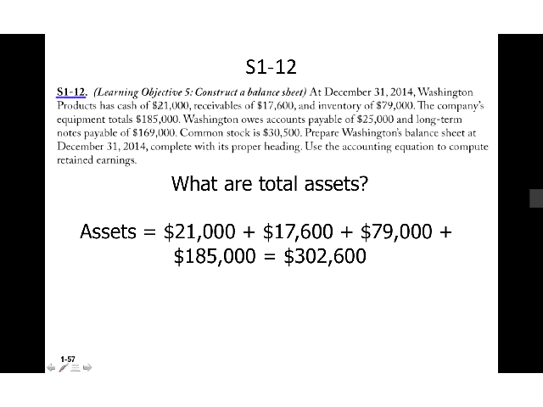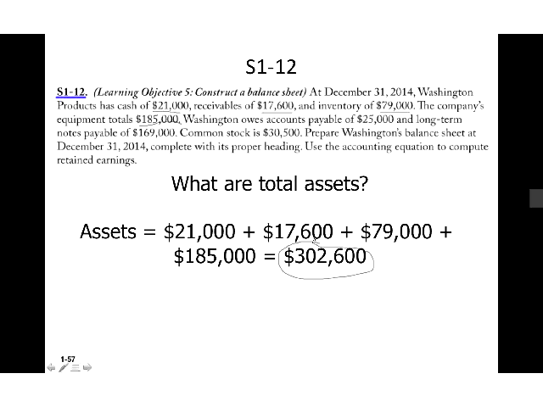We have cash of $21,000, receivables of $17,600, inventory of $79,000, and equipment of $185,000. All those items together are $302,600. Again, we're not preparing the balance sheet yet, so we're not using the handout yet. We're just trying to solve for this number that we're not given. So total assets are $302,600.